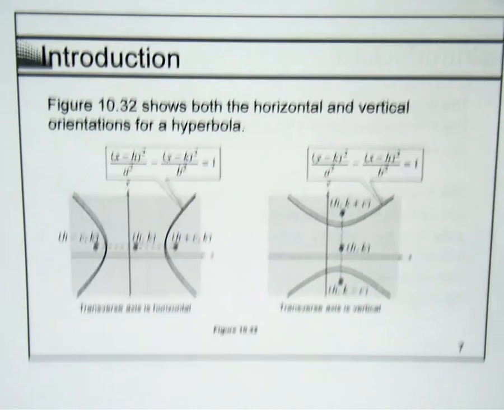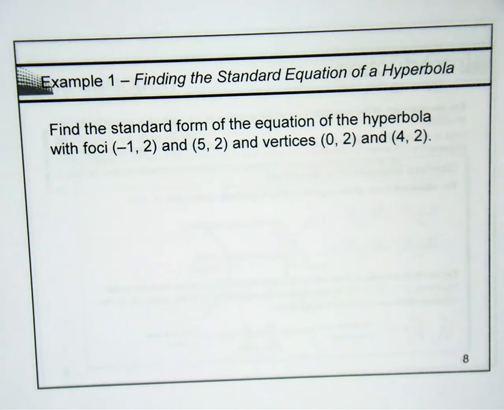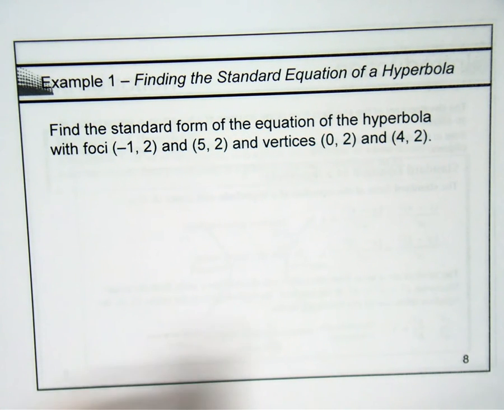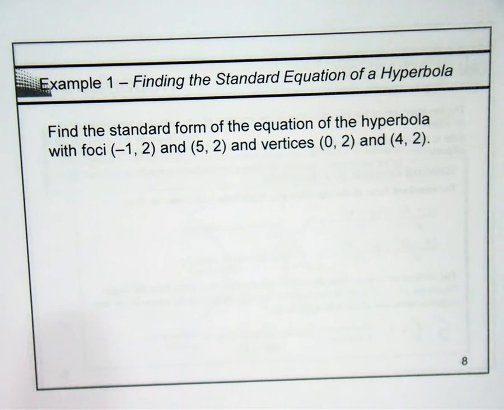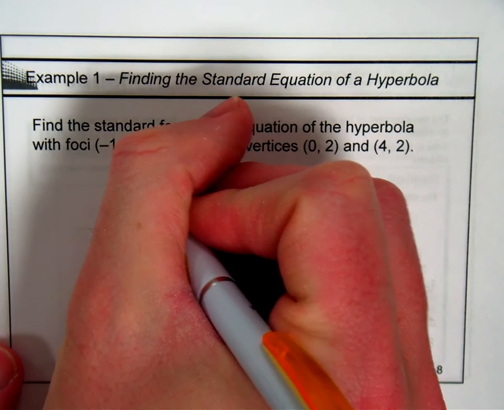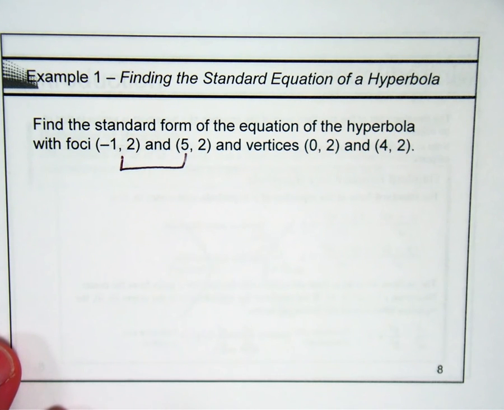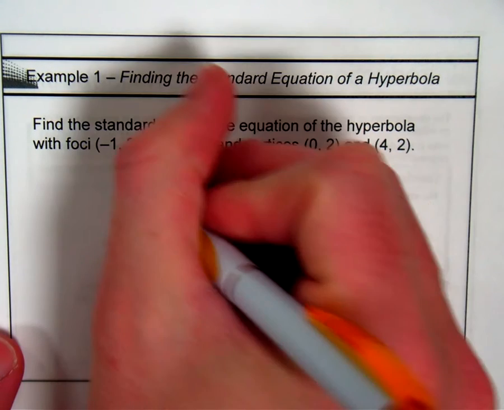Alright, example 1, hopefully a piece of cake. Find the standard form of the equation of the hyperbola with foci at (-1, 2) and (5, 2), vertices at (0, 2) and (4, 2). Okay, so step 1, we need the center. Either way, you'll notice that the midpoint of the foci should be (2, 2).